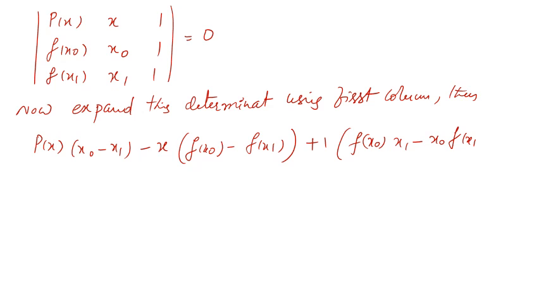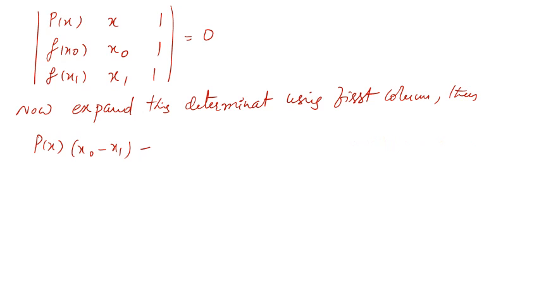Sorry, this is first row, first column; I have to expand up to here, same. First term is over, second one minus f of x0, this one goes, therefore x minus x1, plus f of x1, using first column. So first row gone, x minus x0 equal to 0, right?